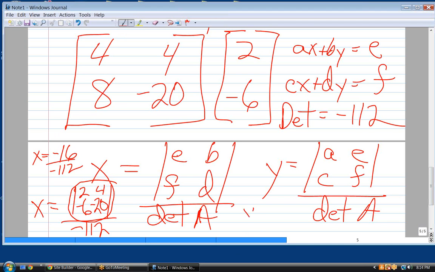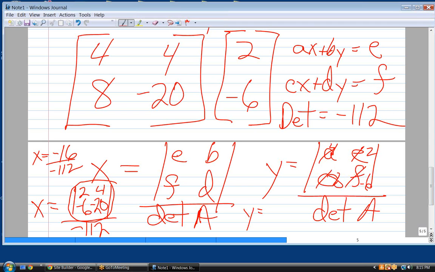And the y value, the matrix that we're going to substitute for that: A is 4, E is 2, C is 8, and F is minus 6. So what is this determinant?